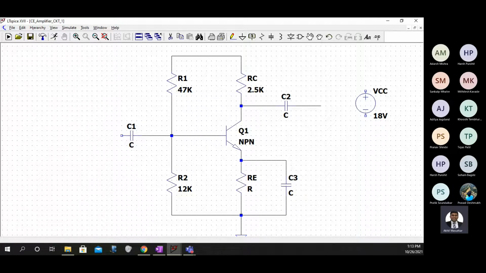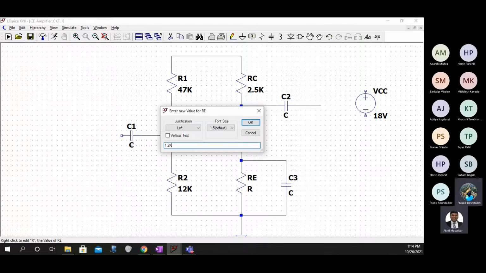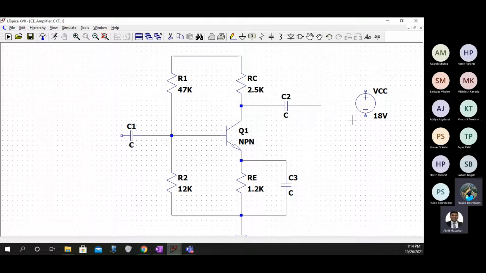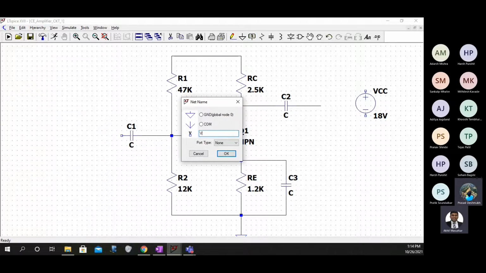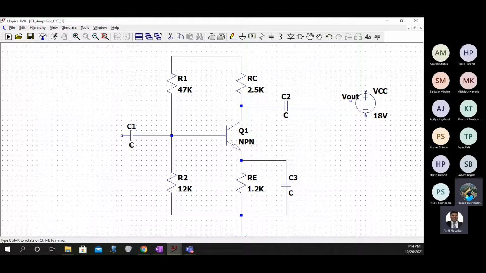Sir, could you repeat the name of the transistor? NPN. Sir, that diode, you told BC like... Huh? No, I didn't get you. Which diode we have to pick?